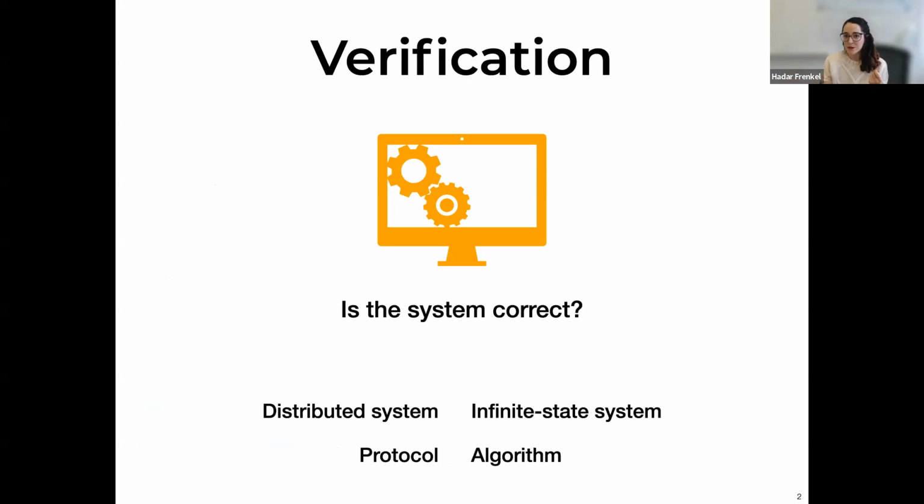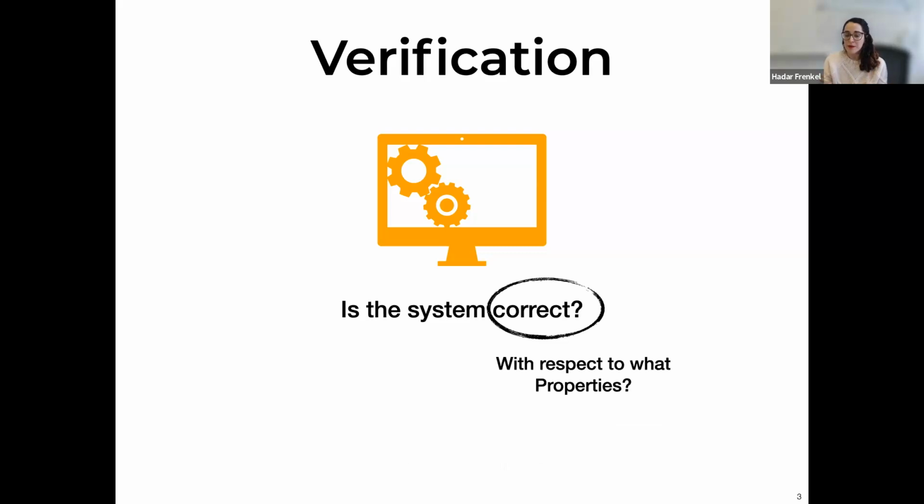Whatever this system is, we want to make sure that this system is correct. And by correct, I mean that it satisfies a set of properties that we are interested in. So when we say correct, with respect to what properties exactly do I want to check correctness?